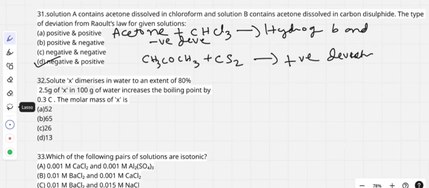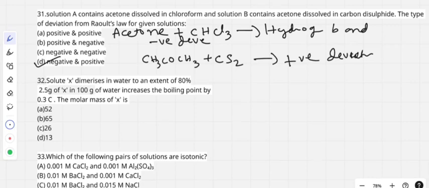Next question. Solute X dimerizes in water to an extent of 80%. 2.5 gram of X in 100 gram of water increases the boiling point by 0.3 degree Celsius. So you have to calculate the molar mass of X. To calculate the molar mass, that is molar mass Mb, X means here molar mass Mb.